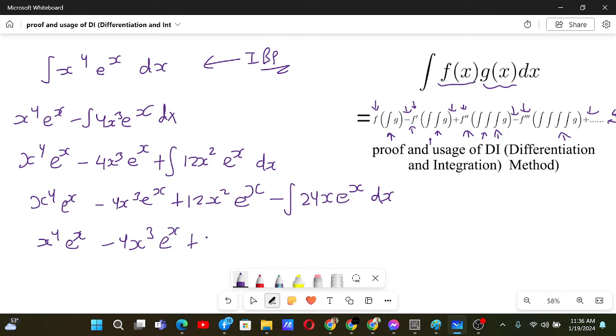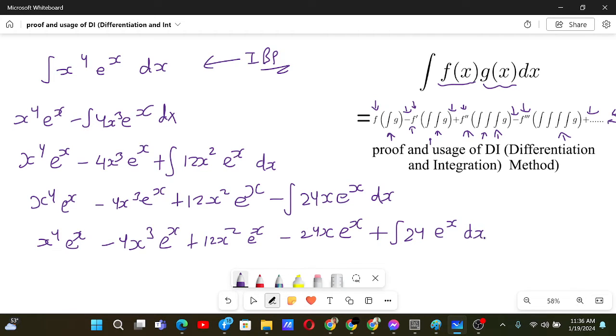The same thing is there in the DI method as well, but it will help us do it in a single step. Now 24x as it is, and the integral of e to the power x, e to the power x, and then minus minus will be plus, and then the derivative is 24 itself, and the integral of e to the power x, e to the power x dx.